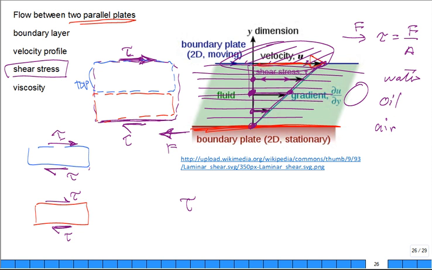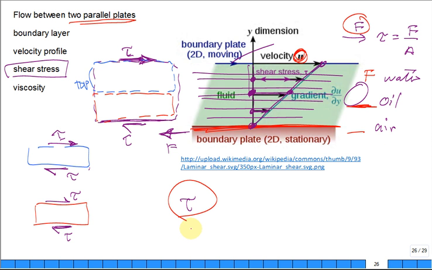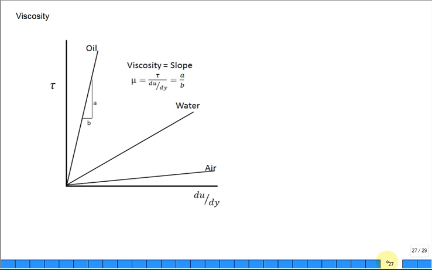What you'll find, to have the same top speed u, for the same magnitude, which one do you think I'm going to have to apply a greater F for the same area? For the oil, right? This will have the greatest F. Which will have the least, the water or the air? The air. And so this is a property of our fluid, and really it shows you what that shear stress is as a function of the shear rate, and air has a low, water higher, oil even higher.